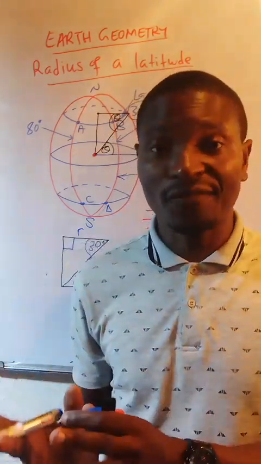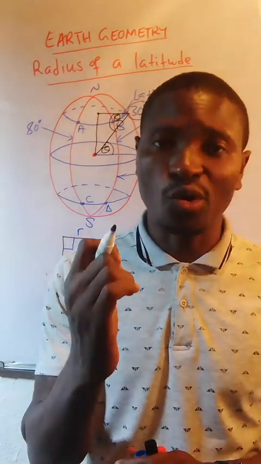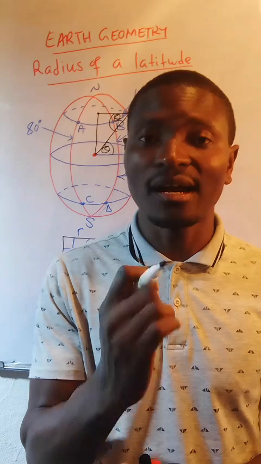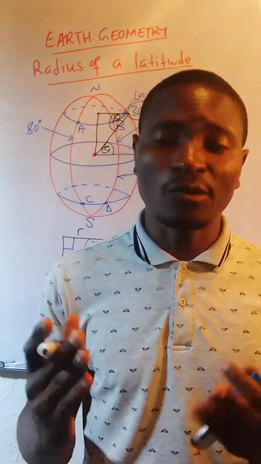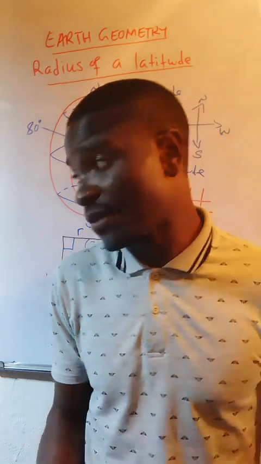The cosine function to find the side representing the small radius with a small letter r, okay? And how is that going to be? Okay, so now let's see.